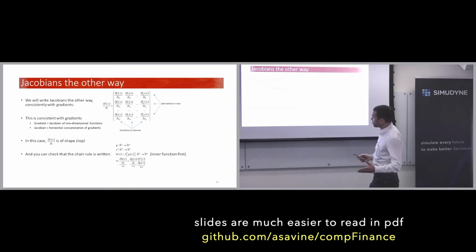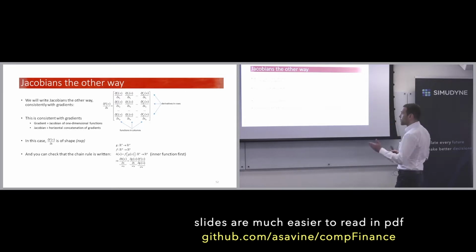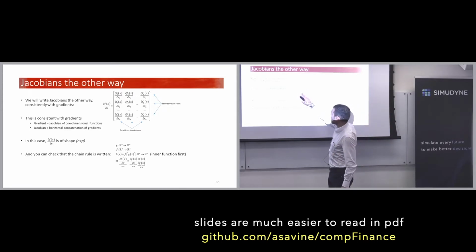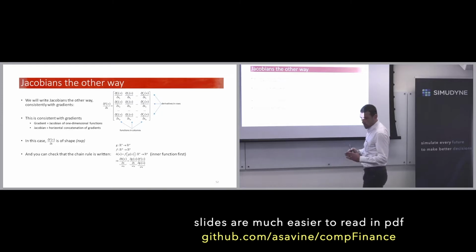So this is consistent with gradient now, because the gradient is the same as the Jacobian of one-dimensional functions. That's a column vector for us now. And the Jacobian is just a horizontal concatenation of gradients, because this guy is the gradient of f1, this guy is the gradient of f2, etc. So a Jacobian is now just a concatenation of the gradients of the different results of the p functions.